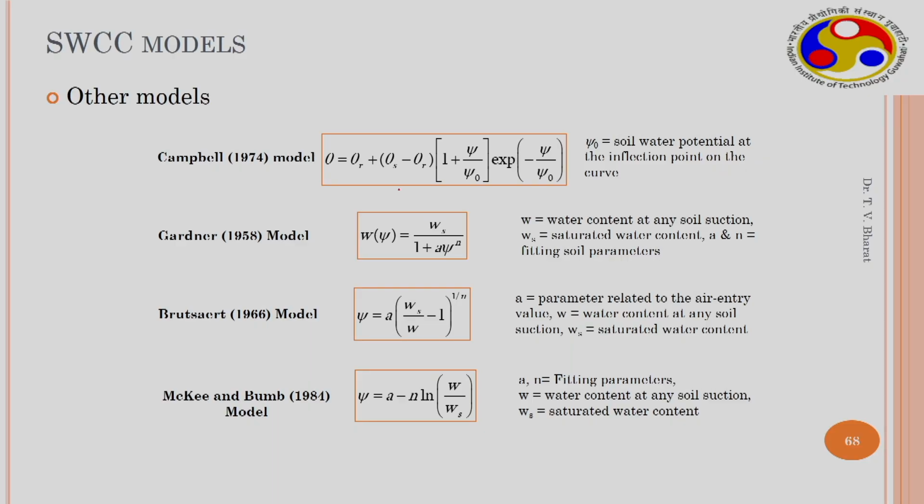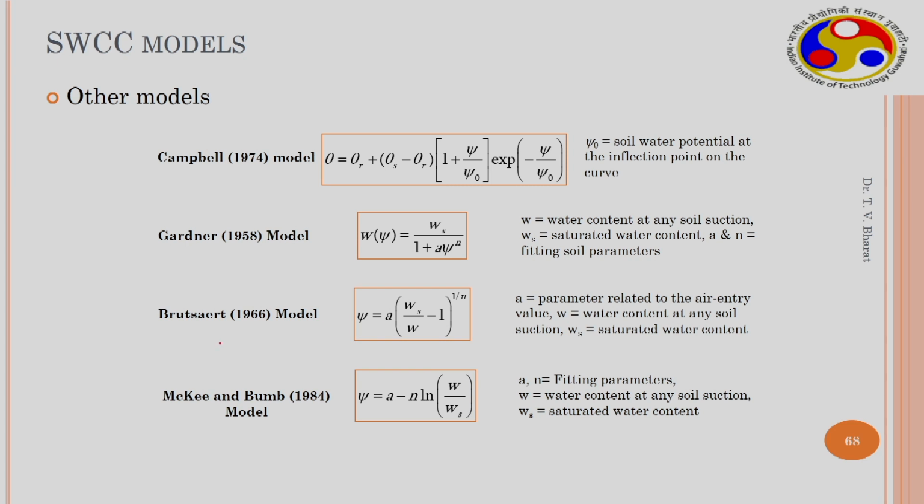Here psi naught is the soil water potential at the inflection point on the curve, theta r is residual water content and theta s is saturated water content. And the Gardner's expression: the gravimetric water content is equal to the saturated water content divided by 1 plus a times psi power n. Here a and n are fitting parameters.